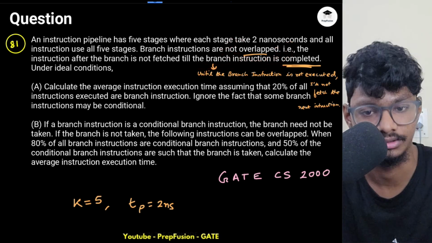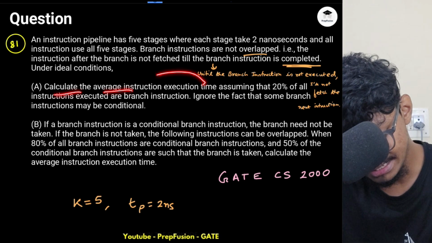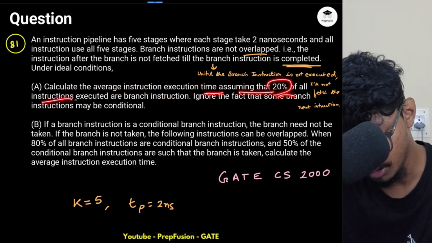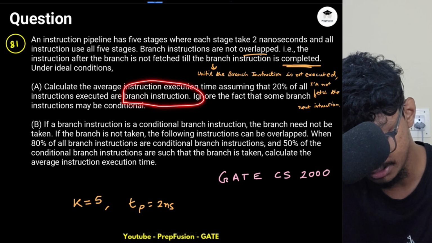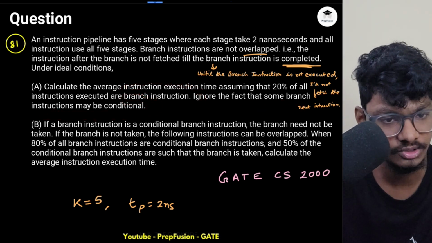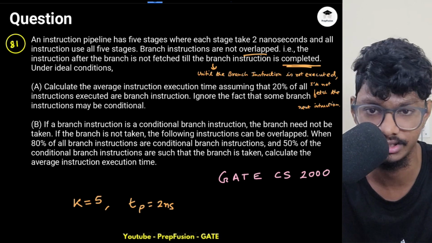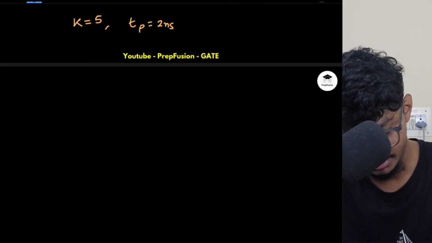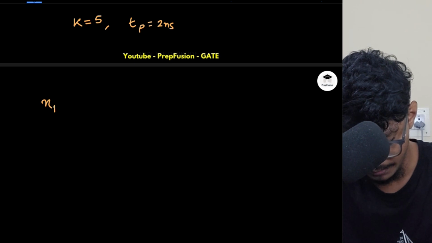Let's read the question further. Calculate the average instruction execution time assuming 20% of all the instructions executed are branch instructions. Ignore the fact that some branch instructions may be conditional. What we know is the number of branch instructions.